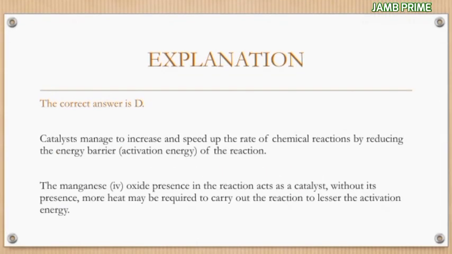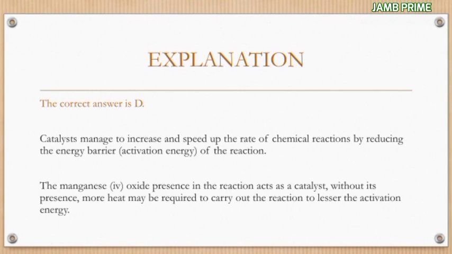So why is D the answer? Catalysts in general speed up the rate of a chemical reaction by reducing the energy barrier, which also means activation energy of the reaction. Note that this is another question: sometimes you will not see energy barrier, you will see activation energy.